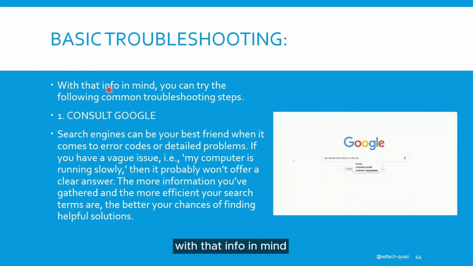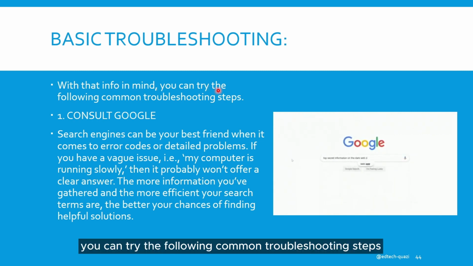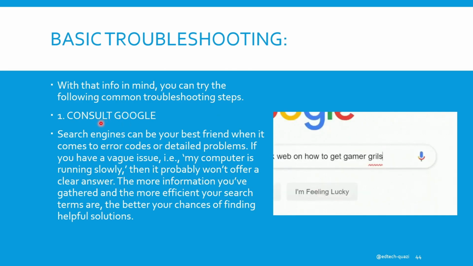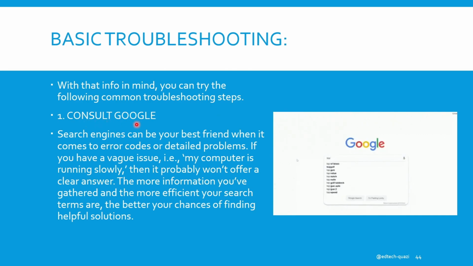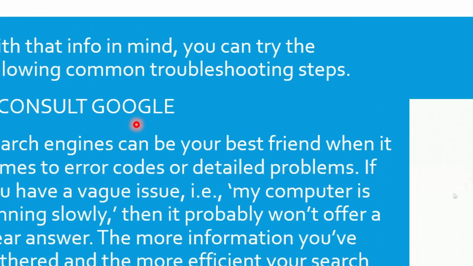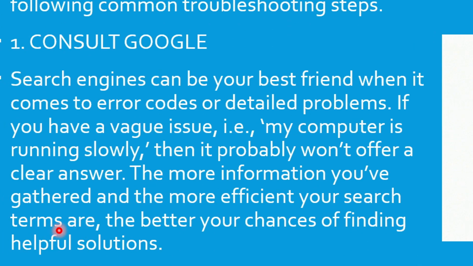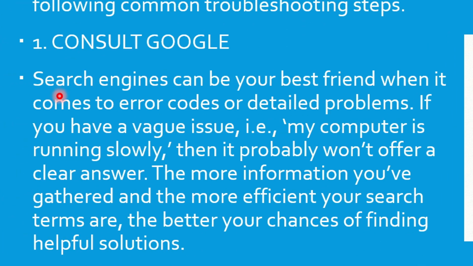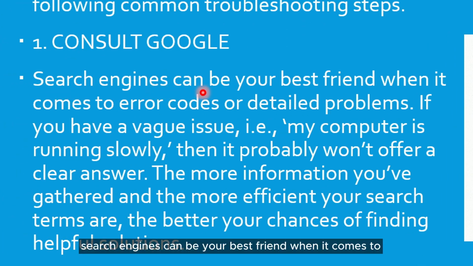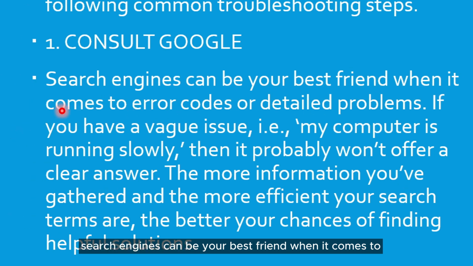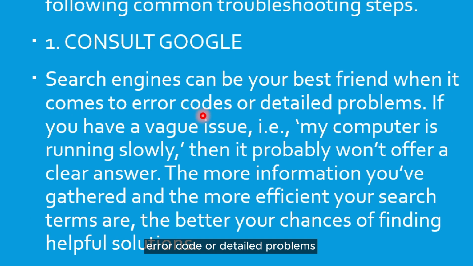With that info in mind, you can try the following common troubleshooting steps. Consult Google. Search engines can be your best friend when it comes to error codes or detailed problems.